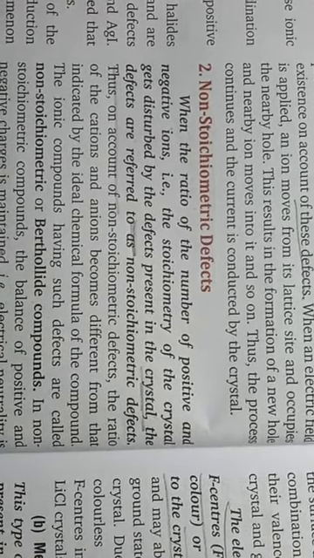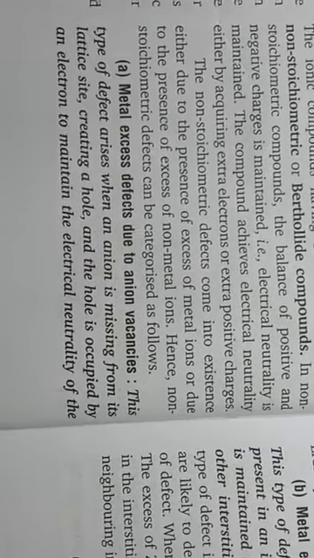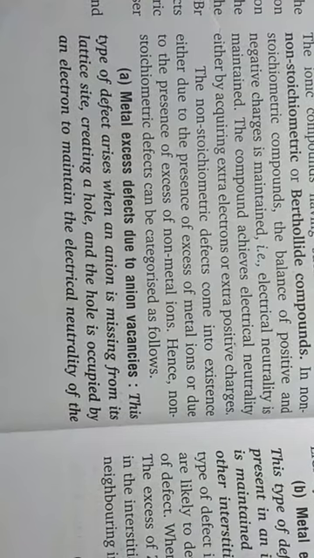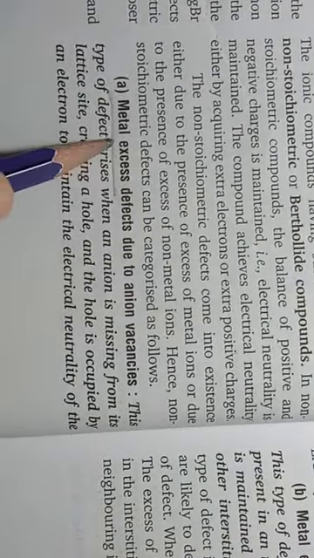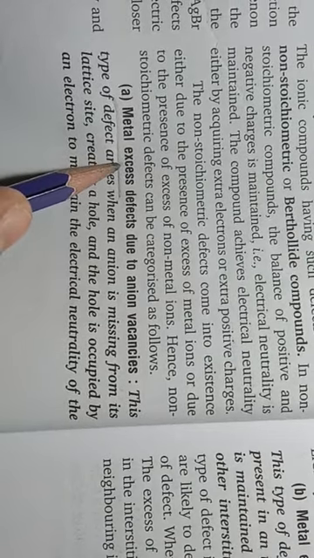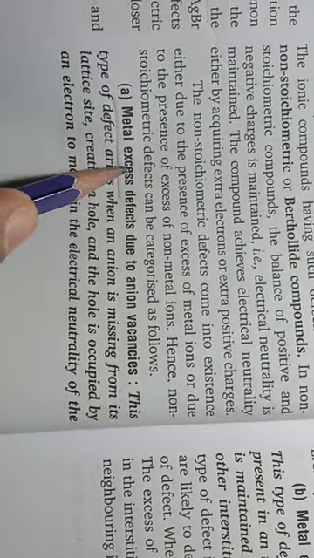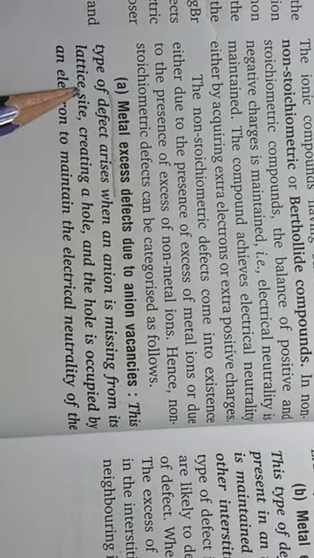The first type is metal excess defect, and in metal excess defect, as the name is indicating, the number of positive ions will be comparatively higher than the number of anions.